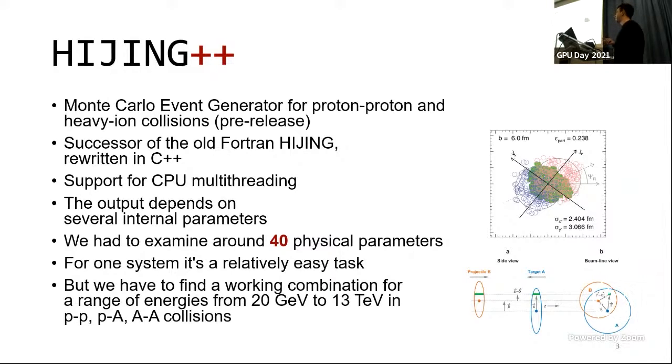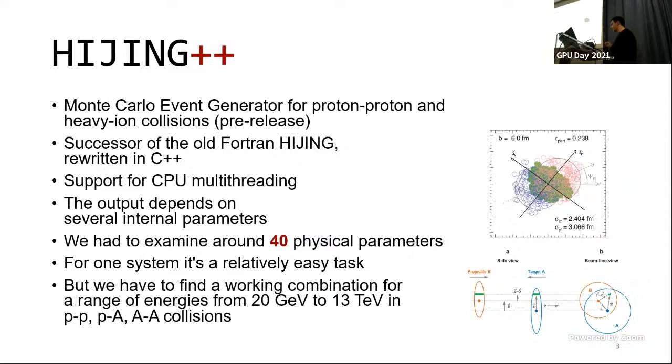We had to examine around 40 physical parameters, which are just the HIJING++ parameters. These are theoretically not calculable, so we had to use almost brute force algorithms to determine these parameters.